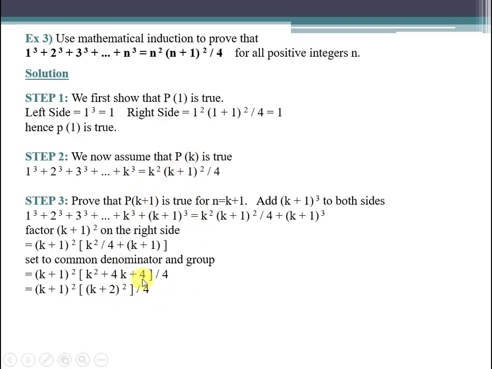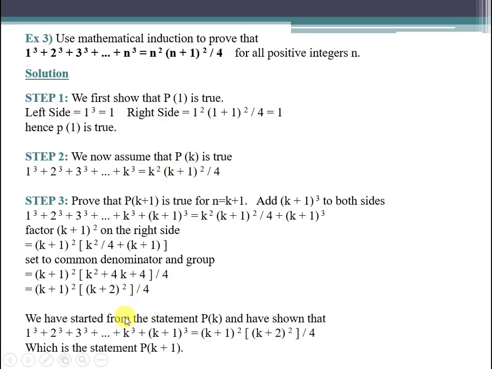So here it's written, we have started from the statement pk and shown that this one is true. So it's true for the statement pk plus 1. So we proved our statement. So we proved for the next n. Here, of course, n is a natural number.